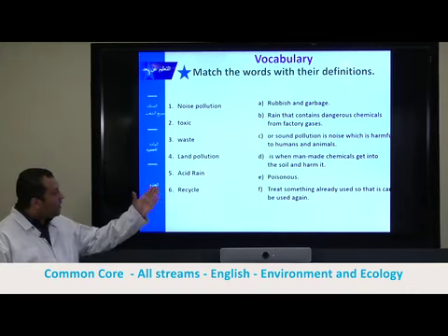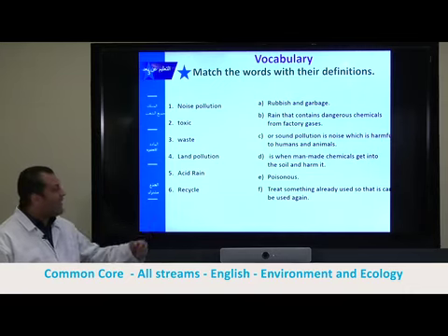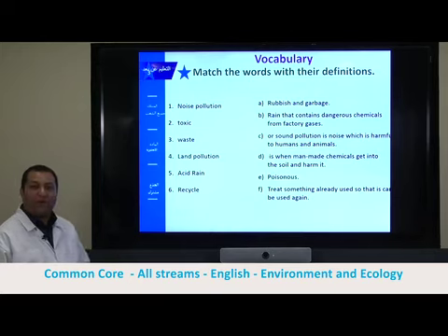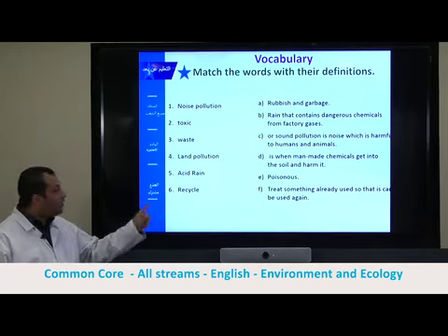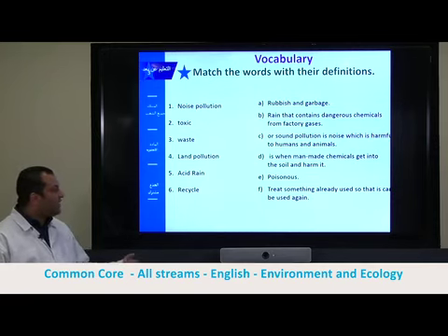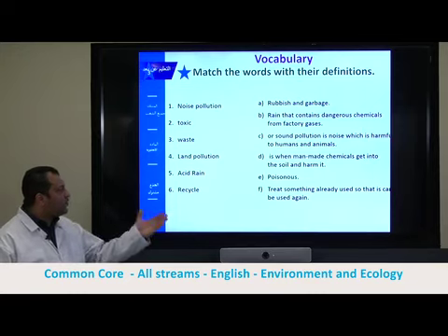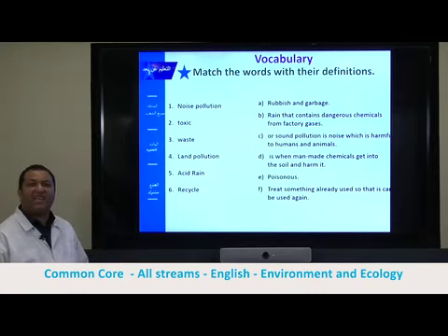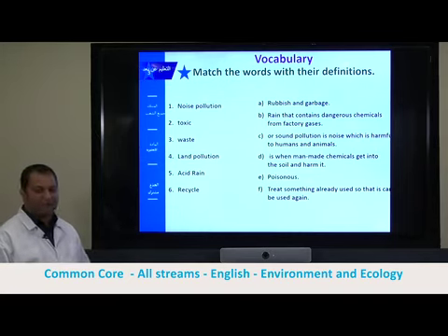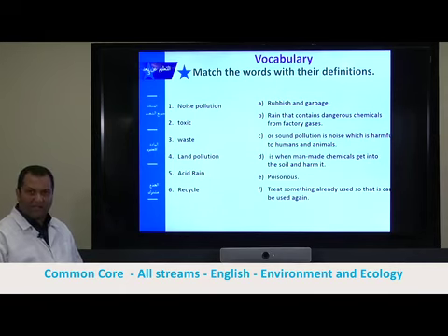D. Is when man-made chemicals get into the soil and harm it. E. Poisonous, an adjective. The last one, treat something already used so that it can be used again. We reuse something. So please, let's correct.